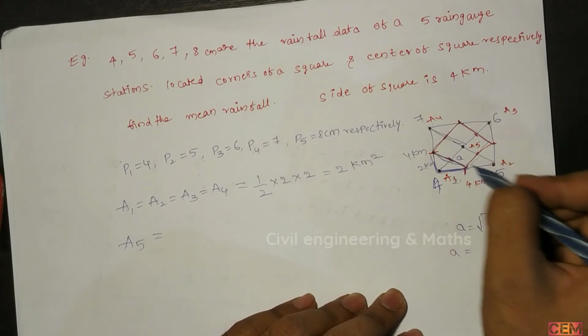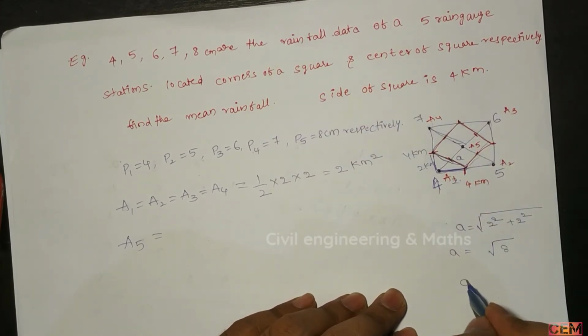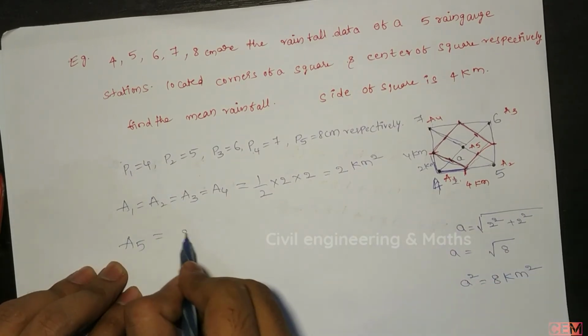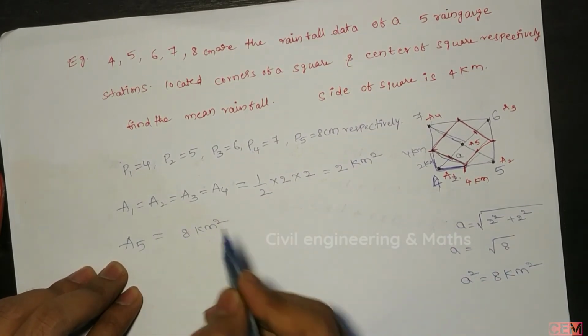The area equal to A square, which means 8 kilometers square.